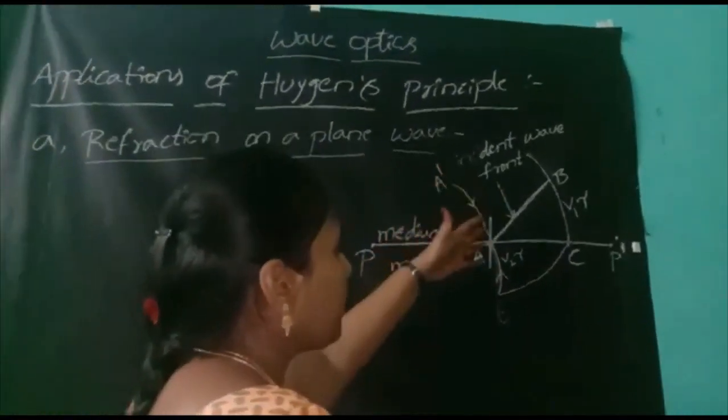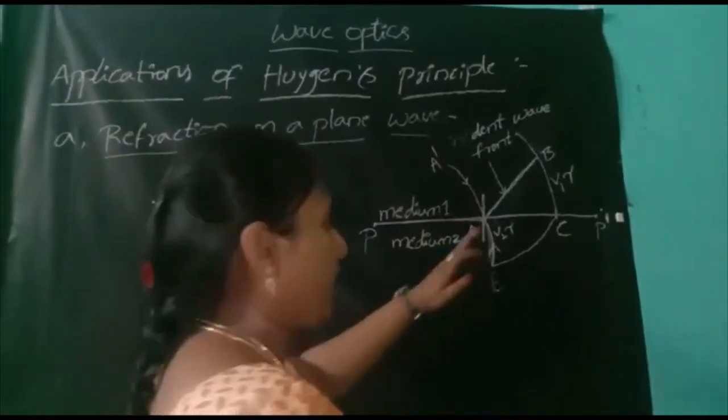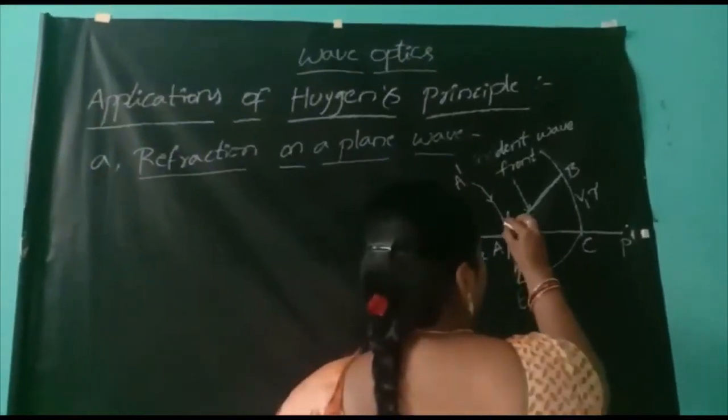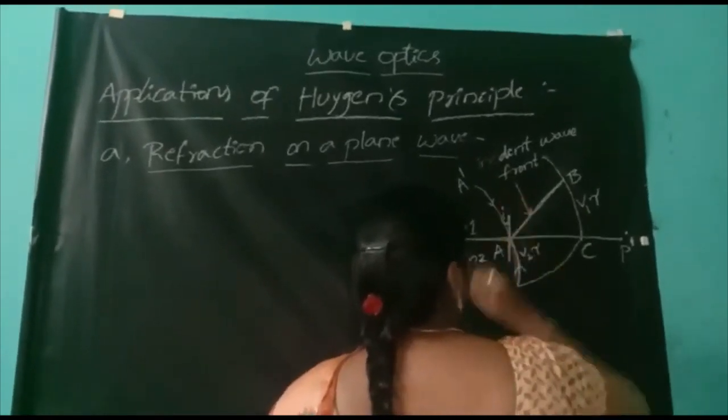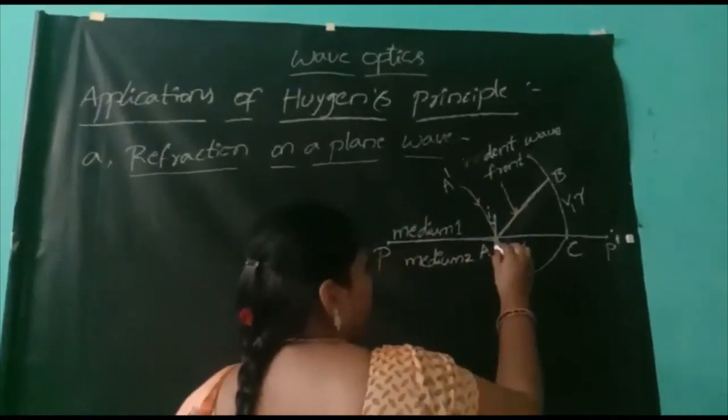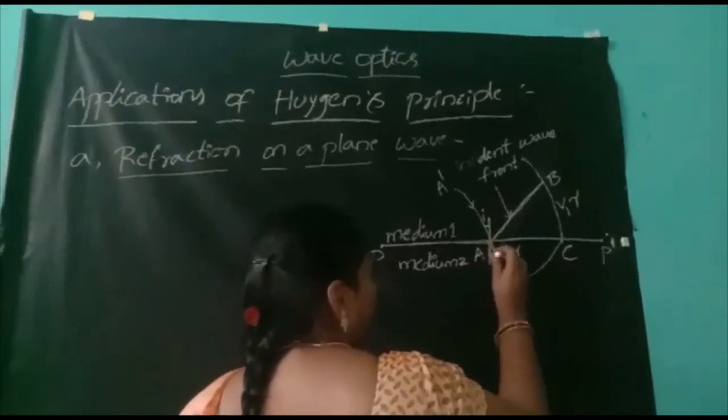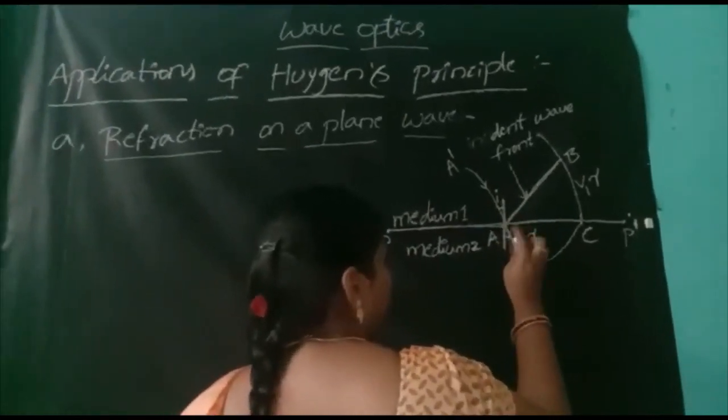The angle the light makes is called the angle of incidence, indicated by I. Here the angle of refraction is indicated by R.